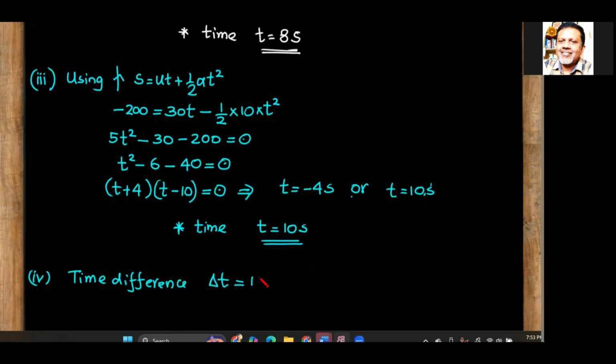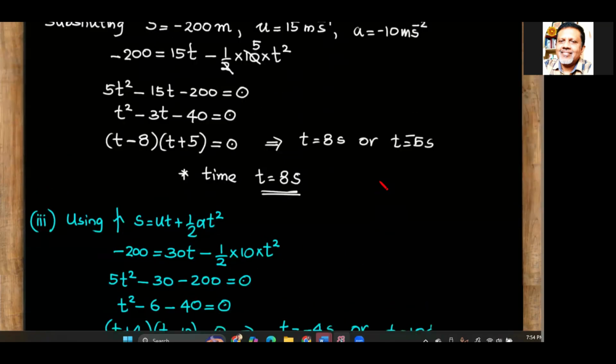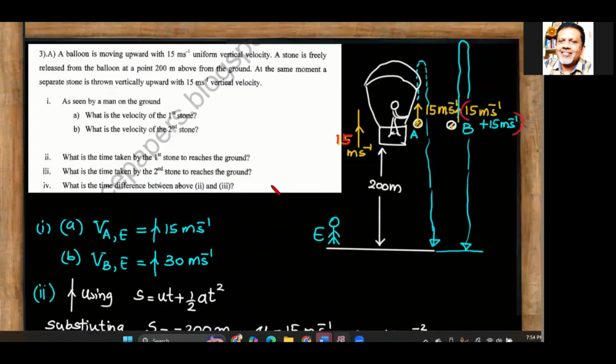Delta t should be 10 seconds minus, for the first one, 8 seconds, and that will be 2 seconds. Okay, right. So this is another answer. So we have done that part, part A actually of the third question related to the relative velocities.